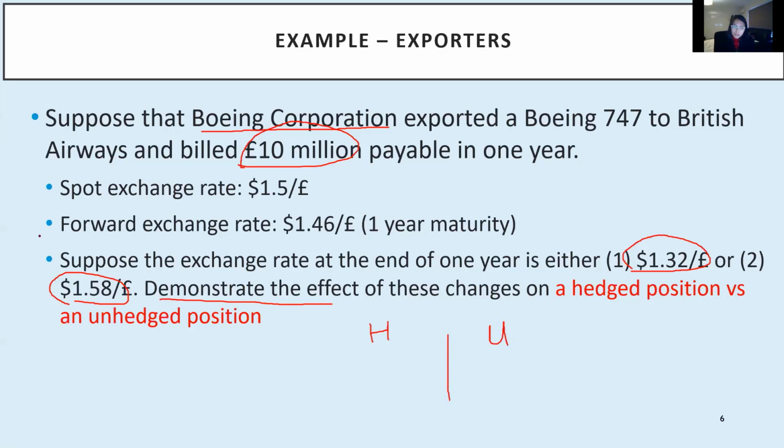So suppose I want to hedge this position using the forward contract. Do you think I'm going to enter into a long or a short position? So first question, am I going to be long or am I going to be short in the forward?